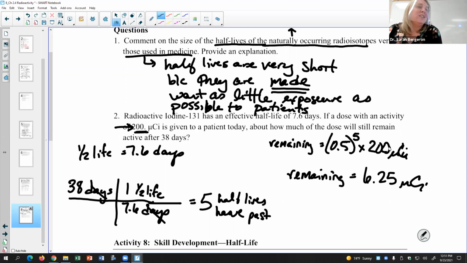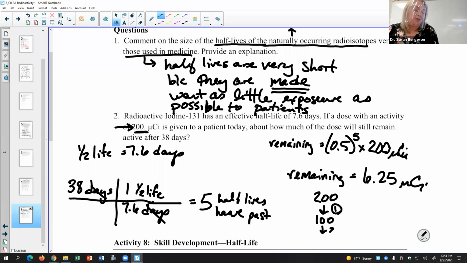All right, what's the non-formula way? Just take your starting material and go through 5 half-lives. So if we start with 200, we go to 1 half-life, what do you get? 100. Go through another half-life.